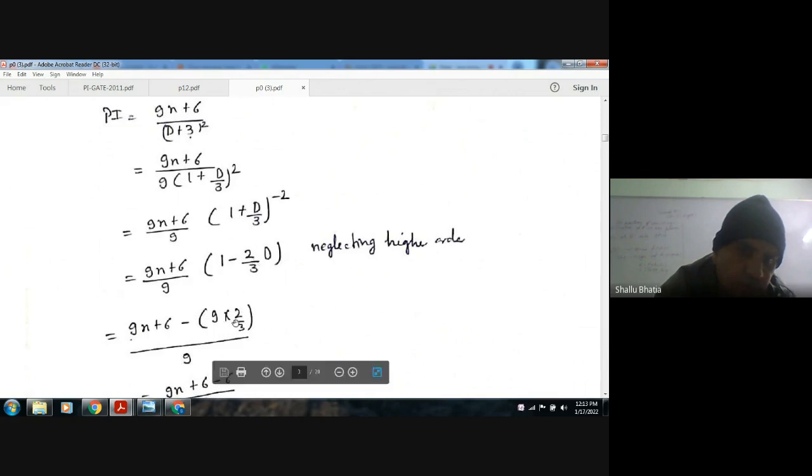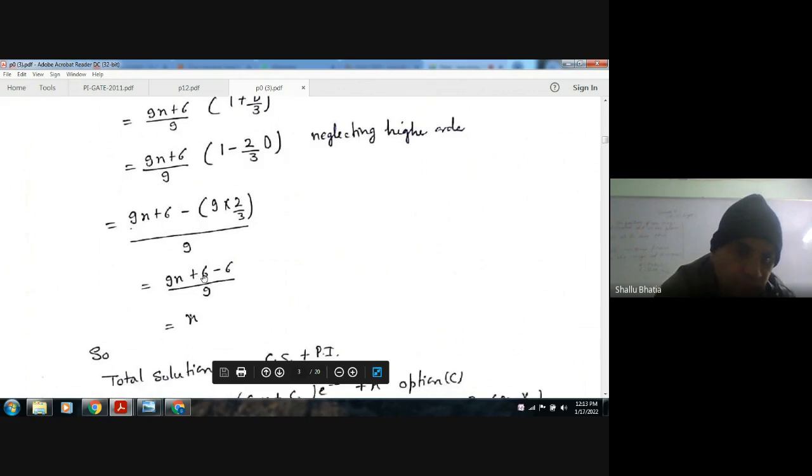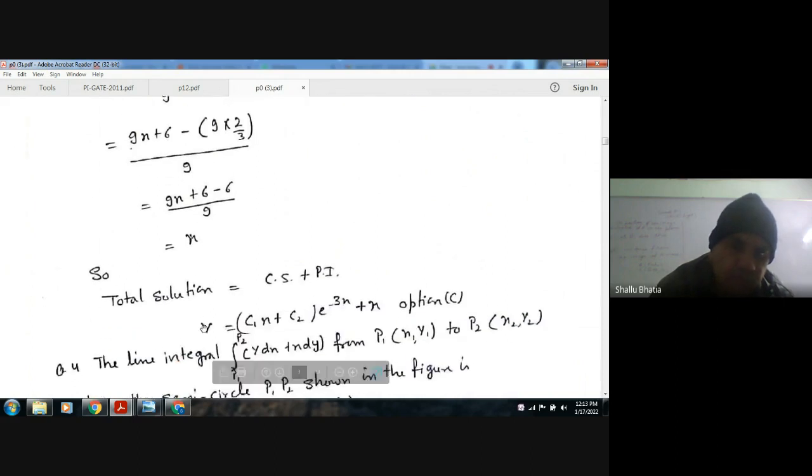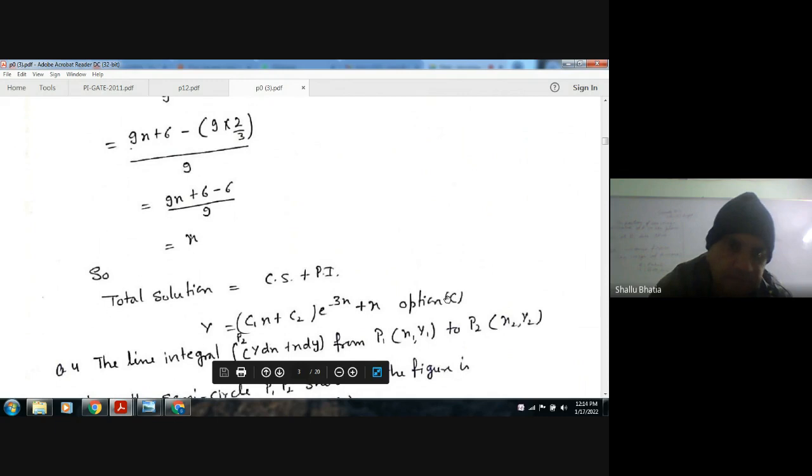So 9 into 2 by 3, it will be 6. So by solving we get 9x by 9, so the answer is x. So the total solution is complementary function plus particular integral. So the answer is option C.